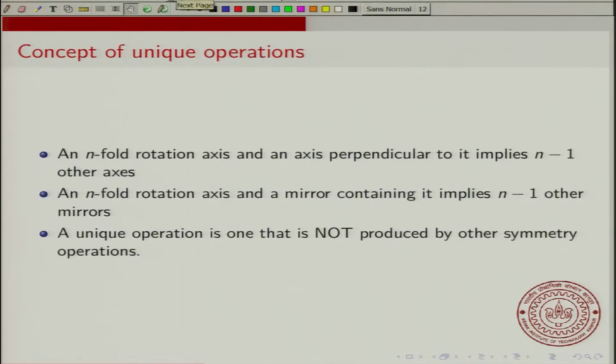The concept of a unique operation can be understood in the following way. Suppose you have an n-fold rotation axis and another rotation axis perpendicular to it.